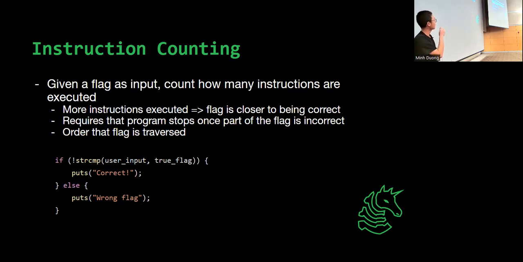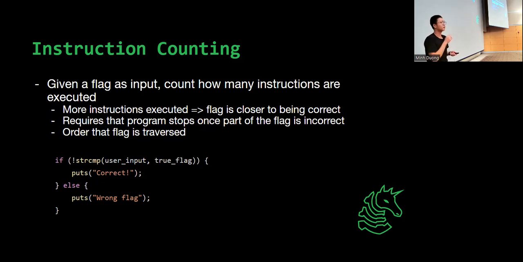Well, suppose you only had 1 character of the flag correct. Then it would run for a short amount of time and then immediately say it's incorrect, because it detects the 1st character is correct, the 2nd character is wrong. And then what if you had 3 characters of the flag correct? It would run for a longer amount of time. And then you would be able to know that this input has more of it correct, just based on the count of the number of instructions that it executes.